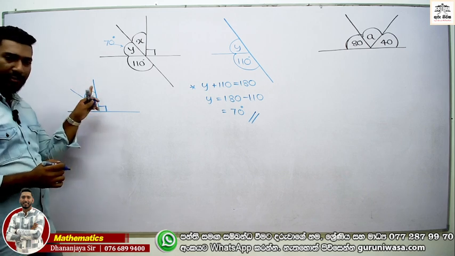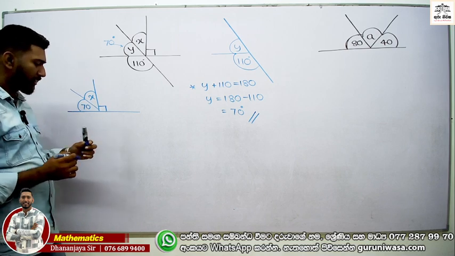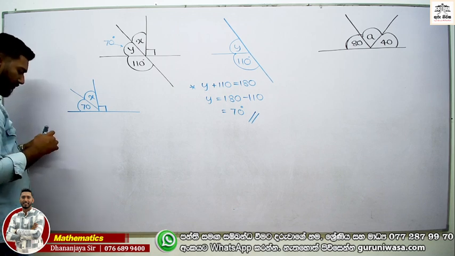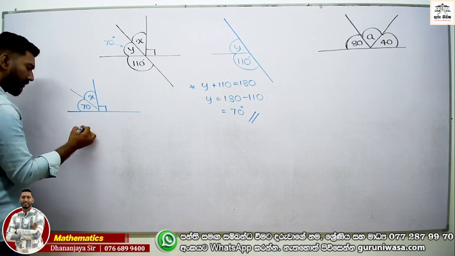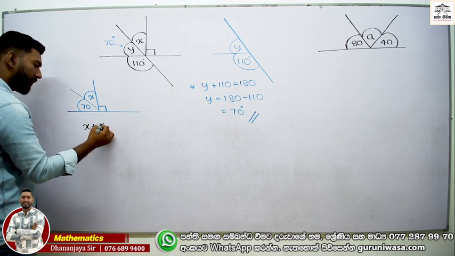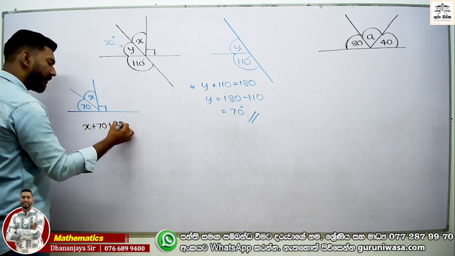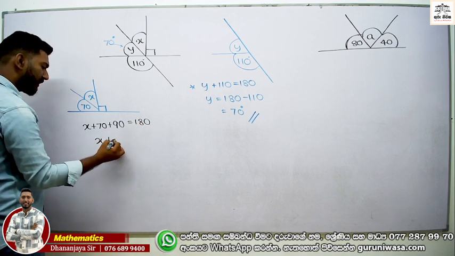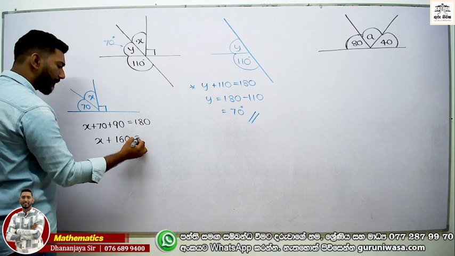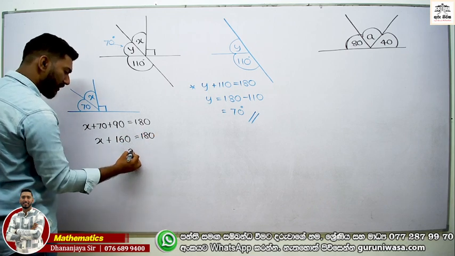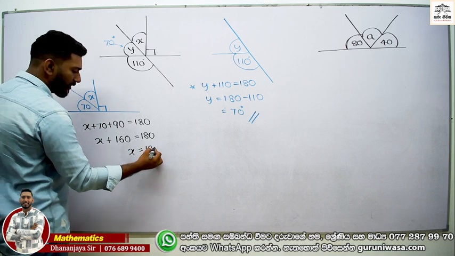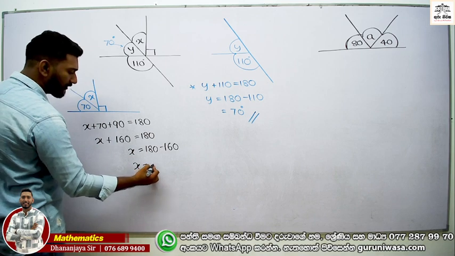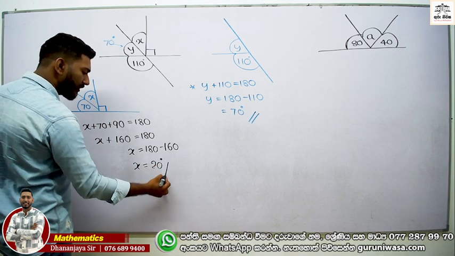There are three angles on the straight line, right? Then I'll write x plus 70 plus 90 equals 180. And you know 90 and 70 is 160. Now x becomes 180 minus 160. Now x is 20 degrees.